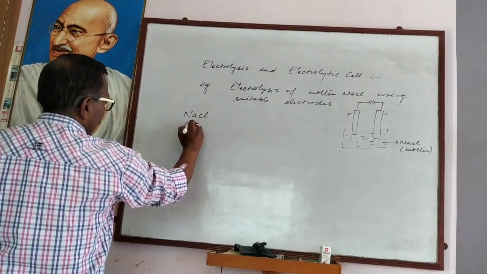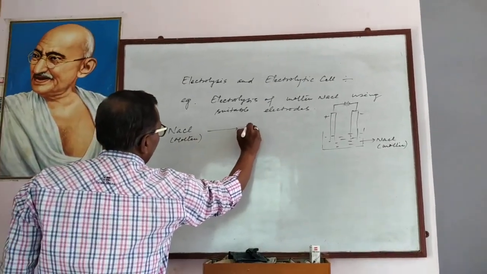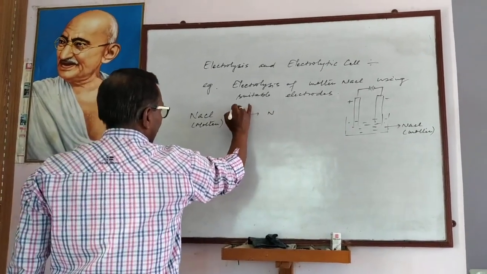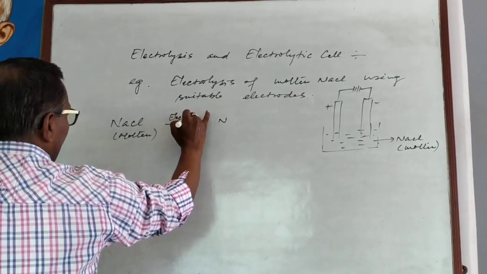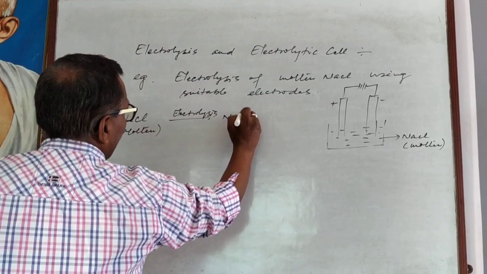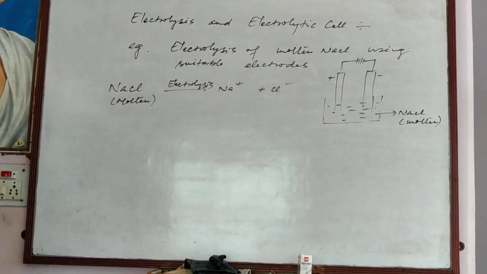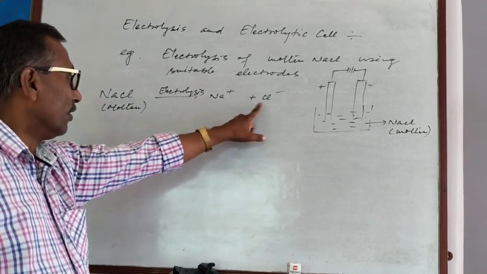NaCl (molten), by electrolysis, gives Na+ and Cl-, in the form of ions.